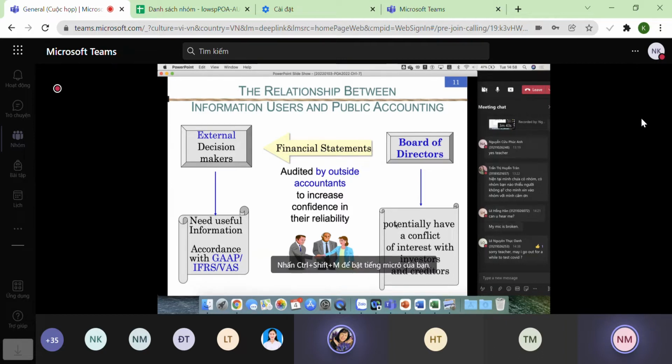And we also have the accounting for taxes. Accounting for taxes is different because tax has a different system from the financial accounting system. So we have many kinds of accounting.